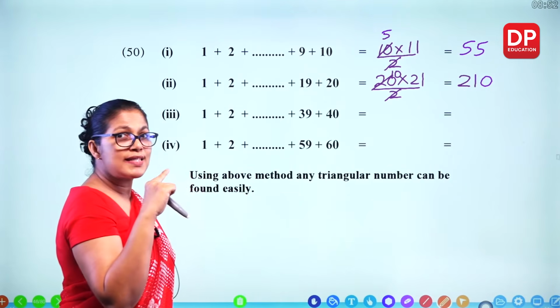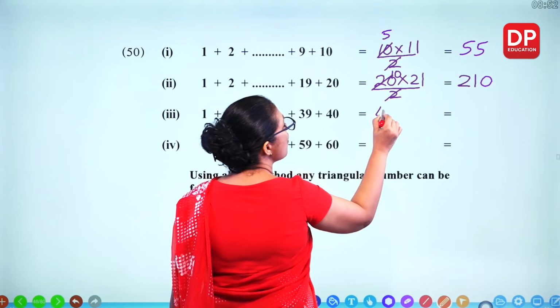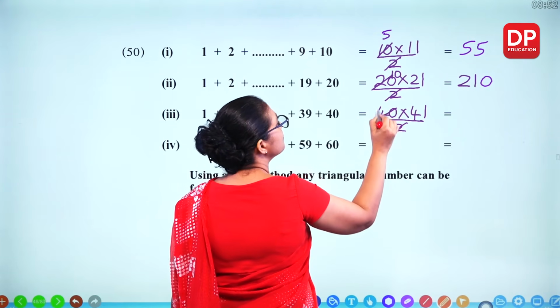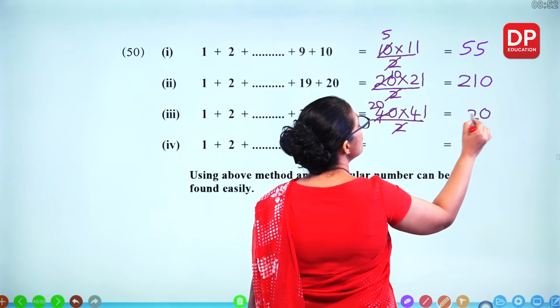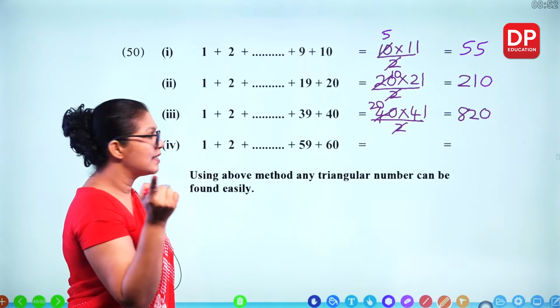Then what's the addition of 1 to 40? Counting numbers. 40 into 41 divided by 2. So you get 0, 2 times 1, 2, 2 times 4, 8. Then 1 to 60.